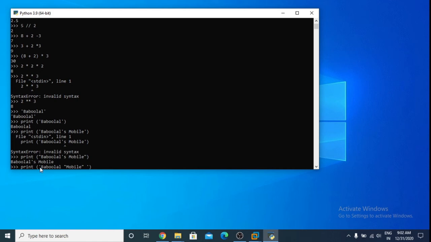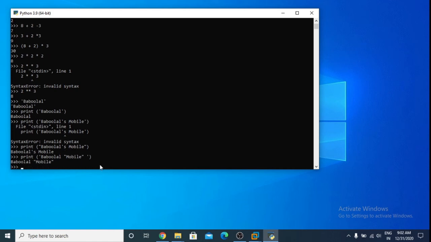So single quote start and single quote close, and okay, single quote and double quote. Okay, so Babulal's mobile entered. Now I'm trying any other character like this, and I'm taking here yes.